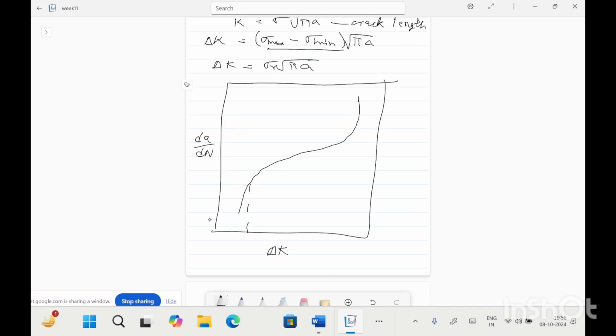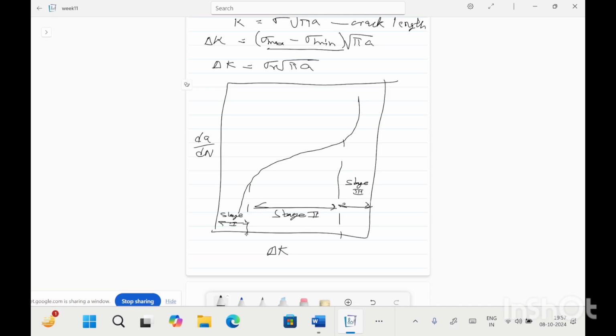So this is stage 1, this is stage 2 of the crack growth, and this is stage 3.